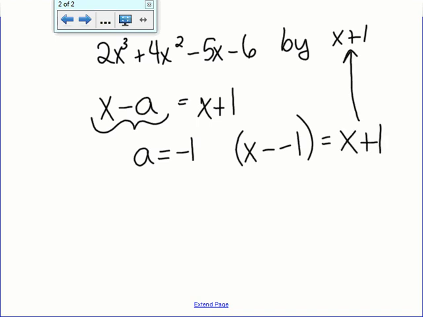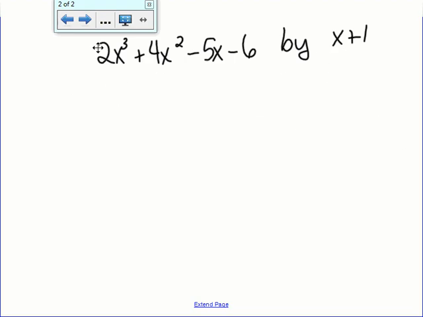Okay? All right, so the first thing I'm going to do when I write my division statement is I'm going to set it up in the following way. So I know that my a is going to equal -1. We already found that out. And so I'm going to record that information over here. So a goes right there.